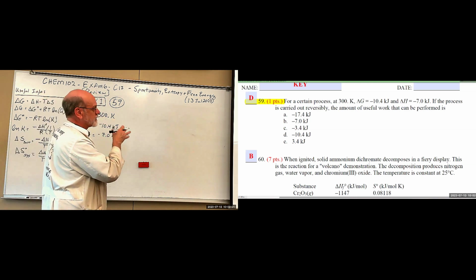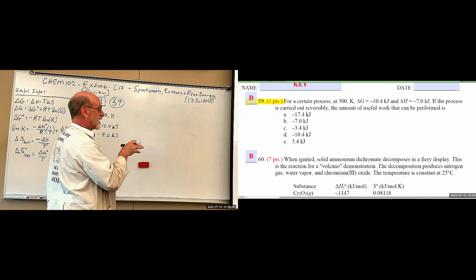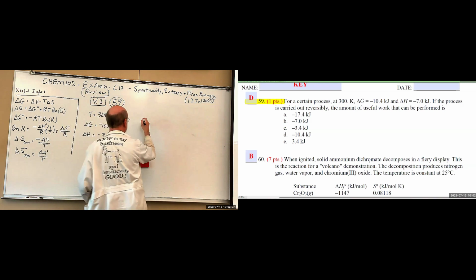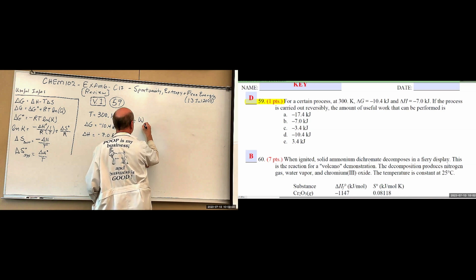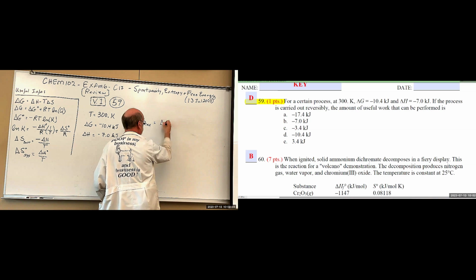Okay, so now that we have this information, if it's carried out reversibly, the amount of useful work that can be performed is what? The maximum amount of useful work is equal to what? It's equal to Gibbs free energy, isn't it?